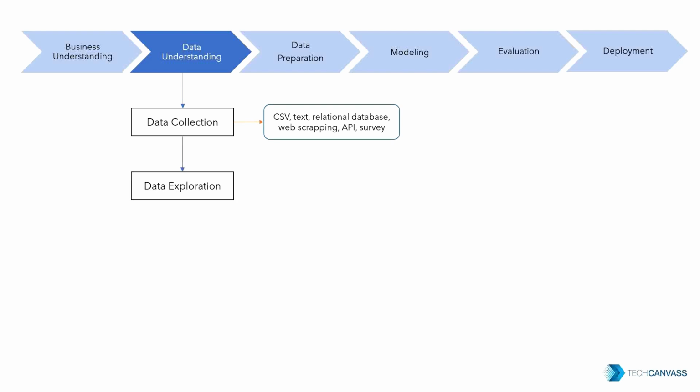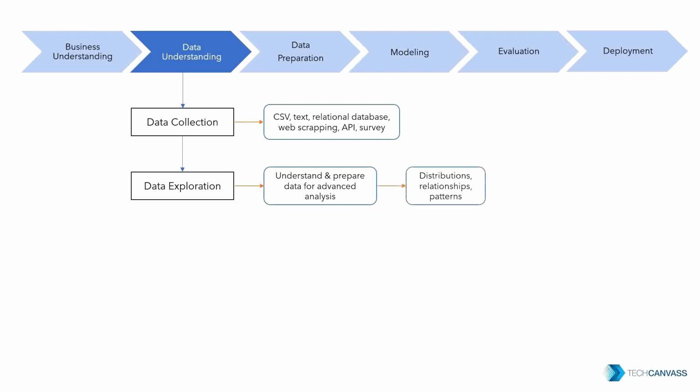Also, exploratory data analysis is used to better understand and prepare data in a way suitable for advanced analysis. It is helpful to understand distributions and interrelationships between variables. So data visualization is widely used in this process.